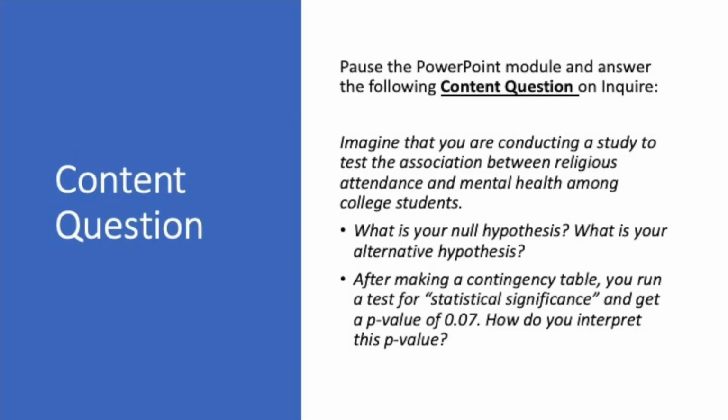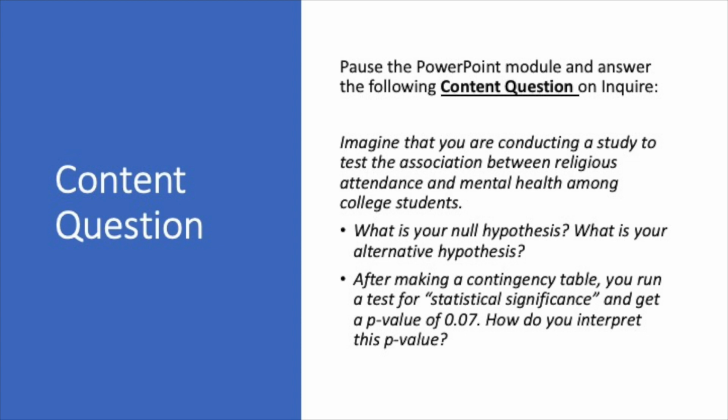So I have been talking a lot in this PowerPoint module and haven't yet given you a chance to pause and apply some of these things. So that's what we're going to do right now. Here is your content question to answer on Inquire. I want you to imagine that you are conducting a study to test the association between religious attendance and mental health among college students. First, what is your null hypothesis, and what is your alternative hypothesis in this case?